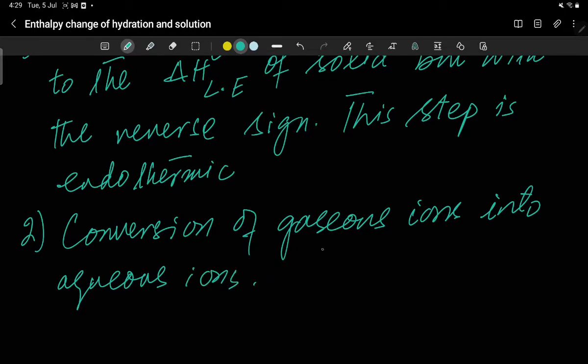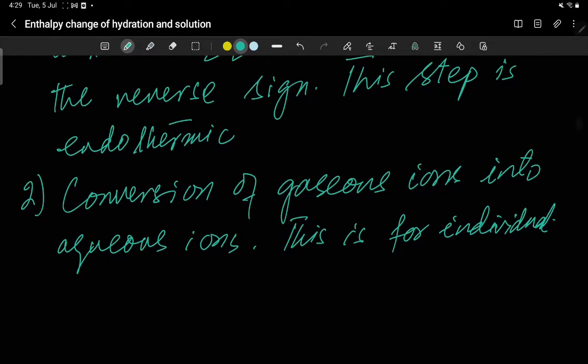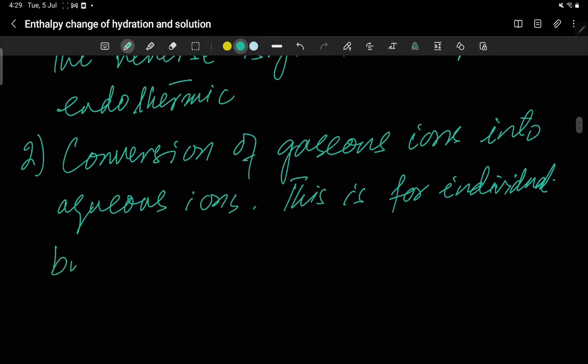This is for individual cations and anions.